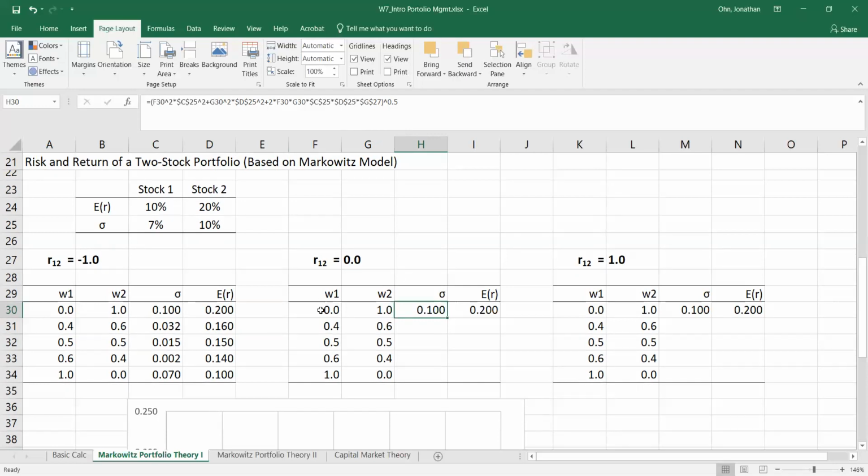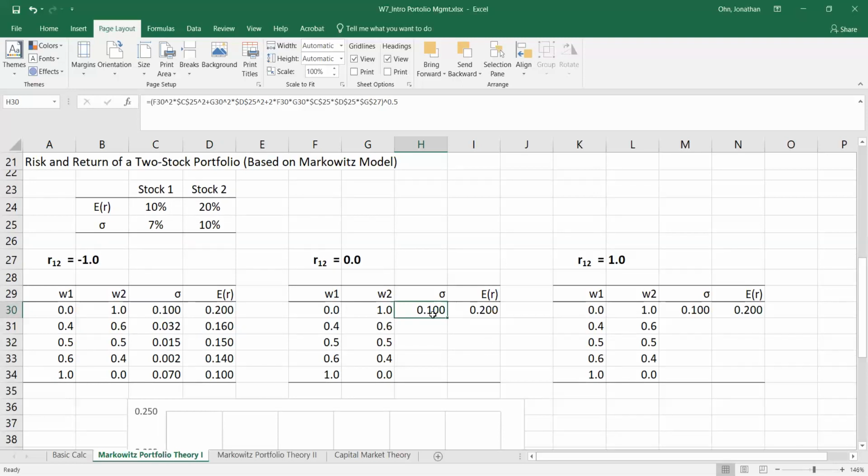Here is W1, so F30, W1 squared, sigma 1 squared. Sigma 1 squared is C25, and W2 squared and sigma 2 squared times standard deviation D25. That's correct.